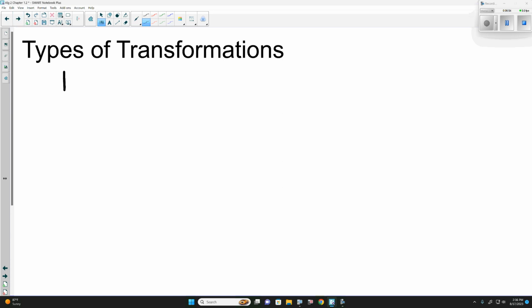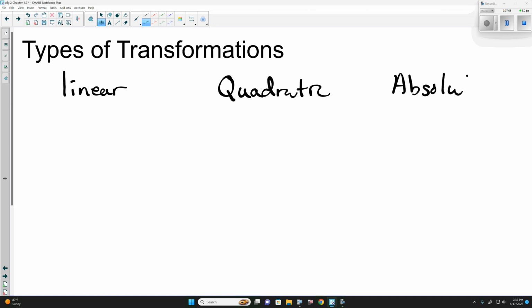Now, linear, quadratic, absolute value. What I'm going to put up here is the general form.